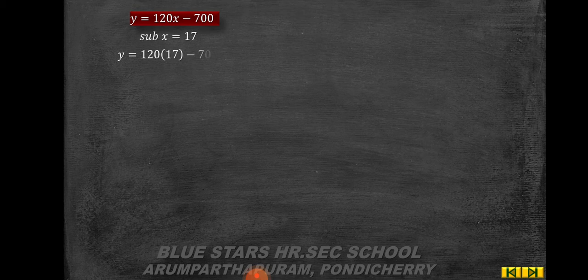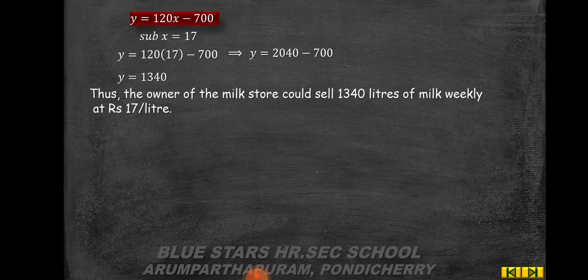In this we get y is equal to 120 into 17 minus 700, which is equal to 2040 minus 700. So the value of y is 1340. Thus, the owner of the milk store could sell 1340 liters of milk weekly at rupees 17 per liter.